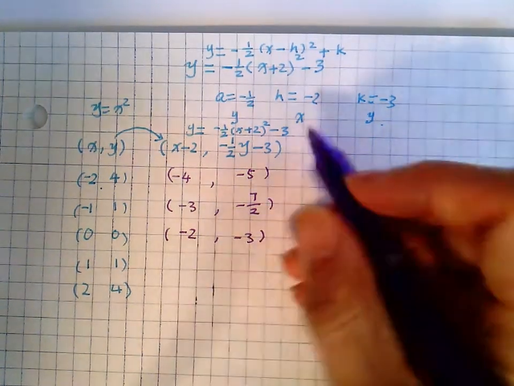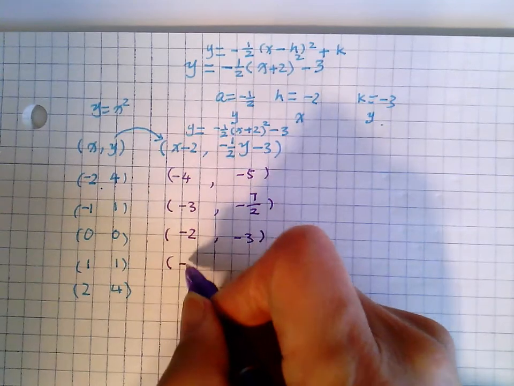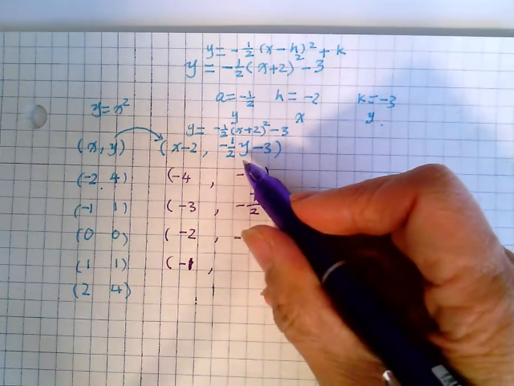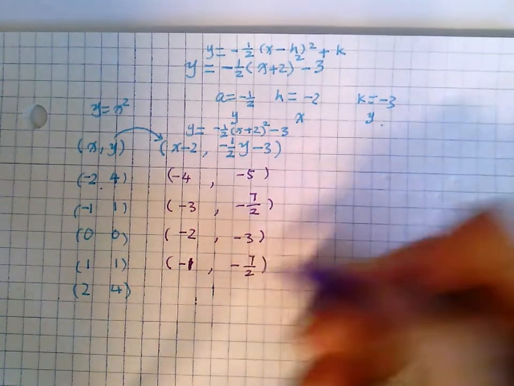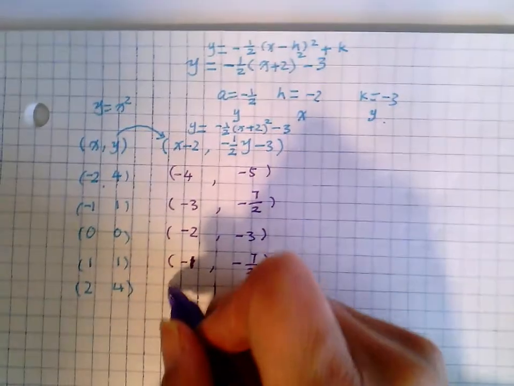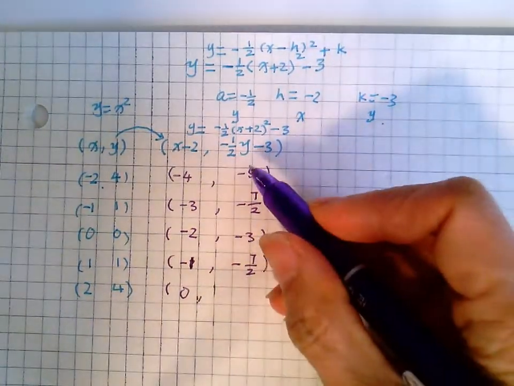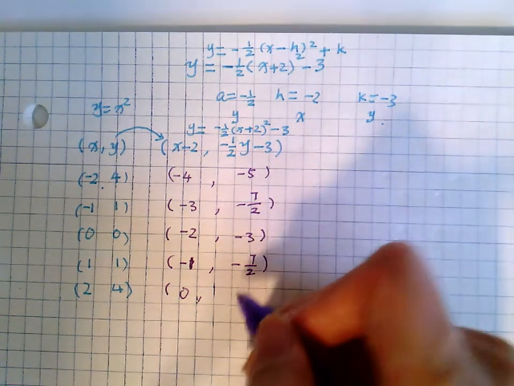You substitute the x, y values into this mapping rule. 1 minus 2 is negative 1. And here, 1 gives negative 7 over 2 again. And here is 2. 2 minus 2 is 0, and 4 is substituted here, transformed to negative 5.